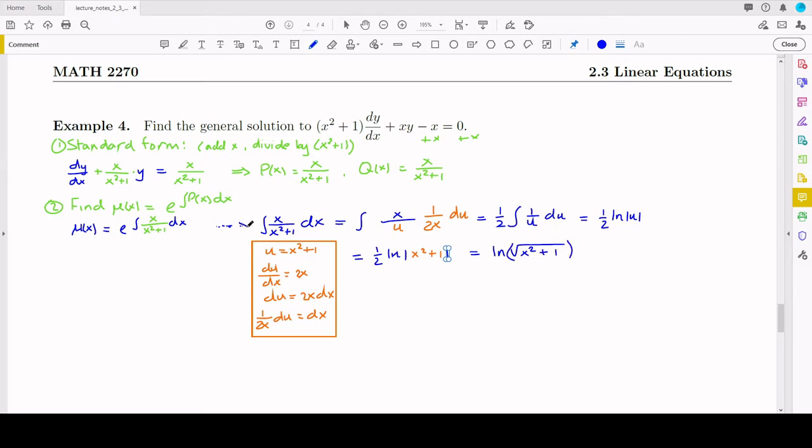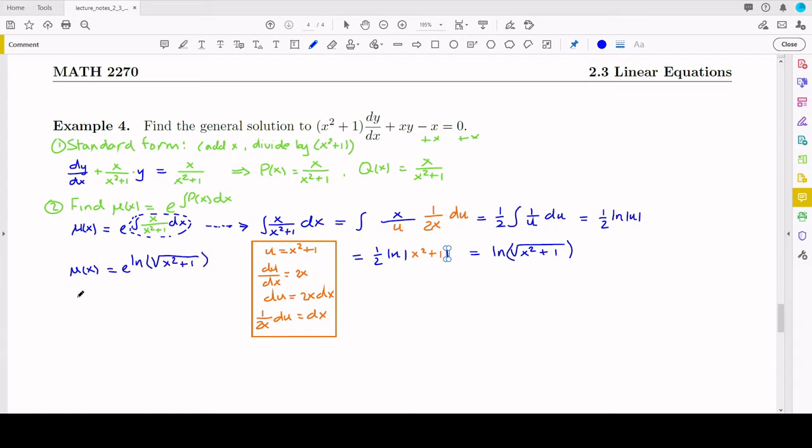So that's just this part right here, right? We did that integral. And so what we find is that mu of x is e to the power, and then that integral was ln of the square root of x squared plus 1.